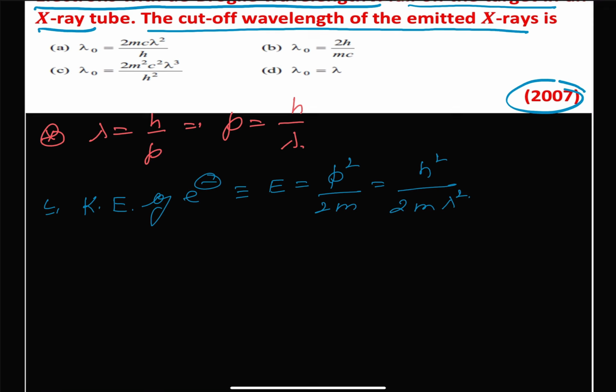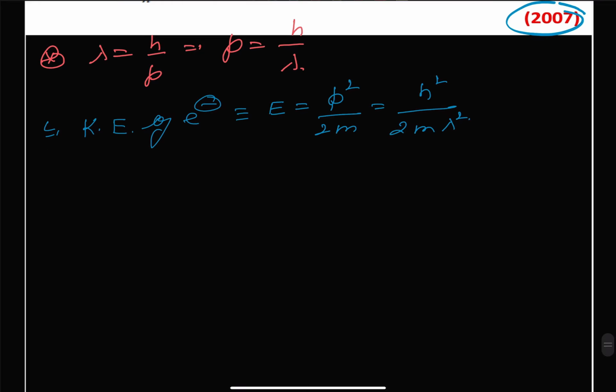Now this is our kinetic energy, and this energy will be our maximum. We can assume that there is a 100% conversion to the photon. Okay, there is no loss of energy. We can simply assume it because it is nowhere mentioned in the question itself.